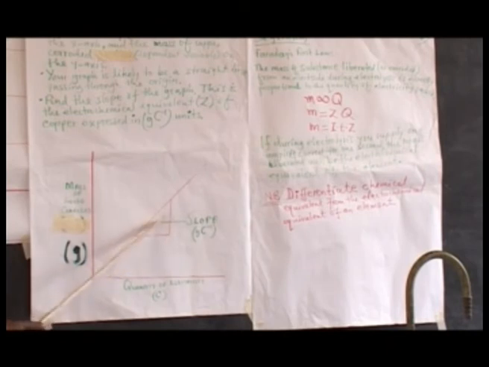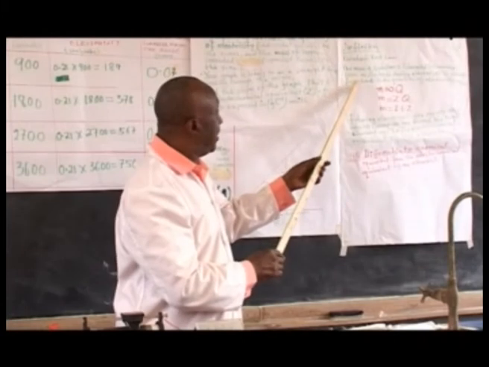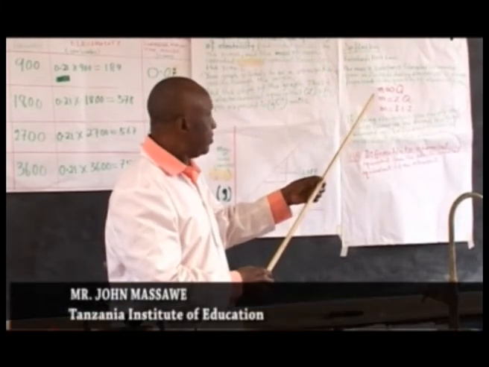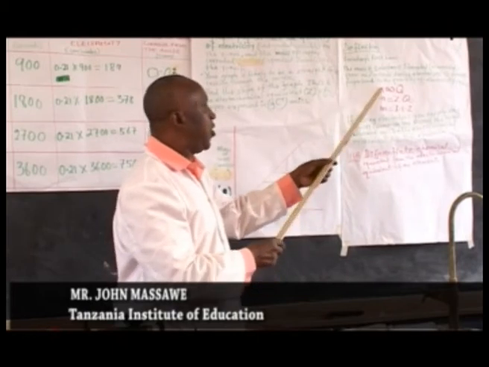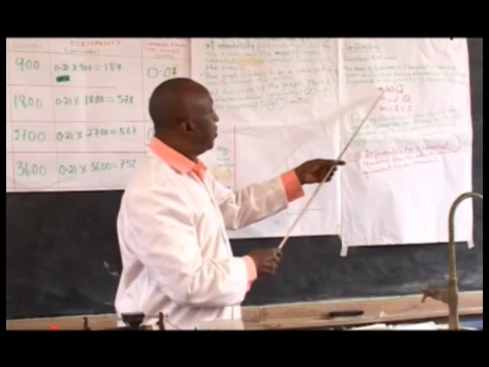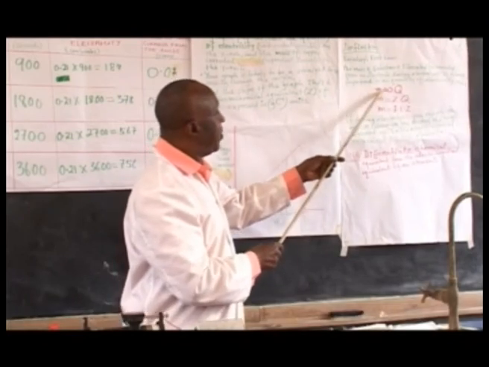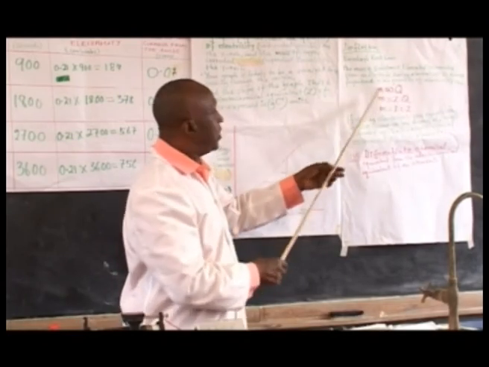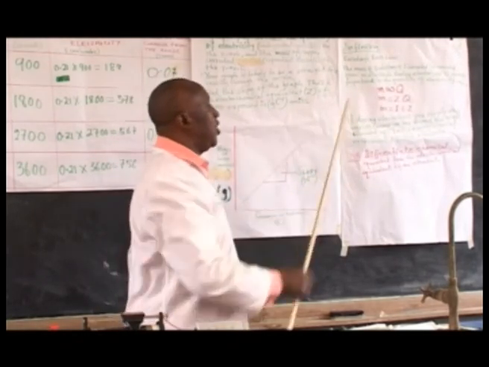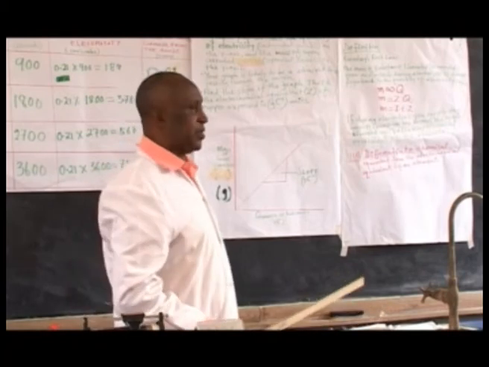The slope is the electrochemical equivalent of the element. When the definition of Faraday's first law is transformed into a formula, it will read M is proportional to Q, which means mass liberated or corroded is proportional to the quantity of electricity passed.